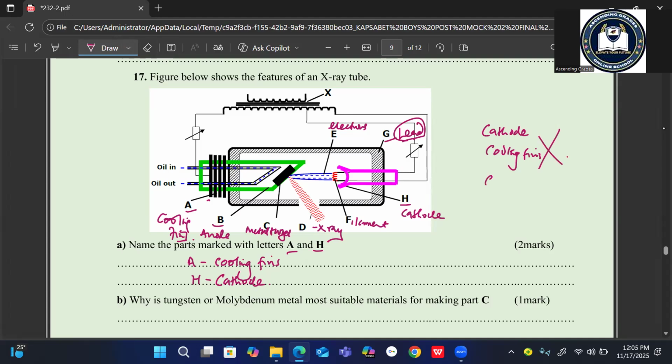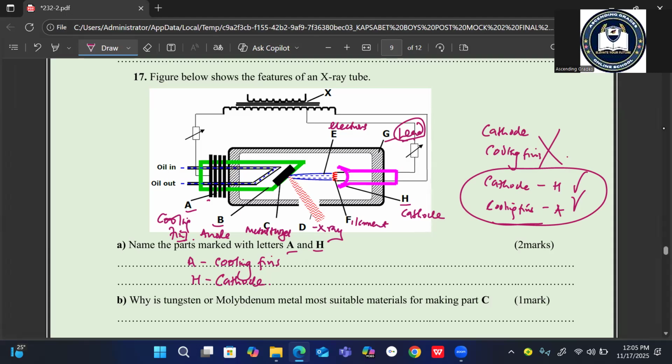But if you write cathode as my part H, and cooling fins as my part A, then you get it right. So if you don't give them in the respective order of the question, then ensure you specify.